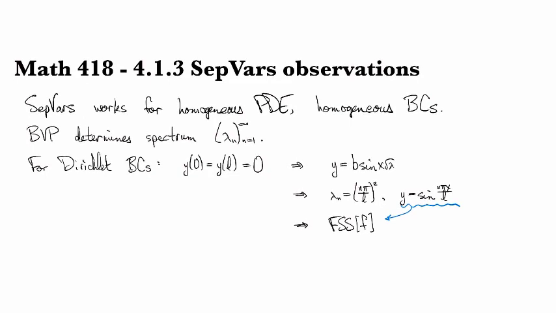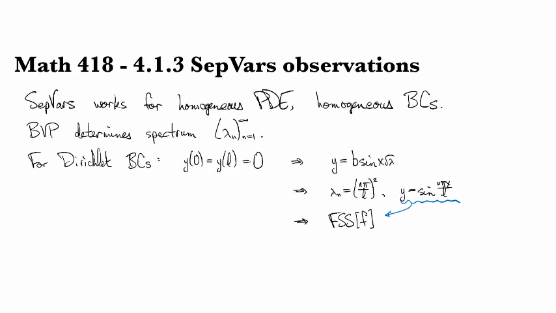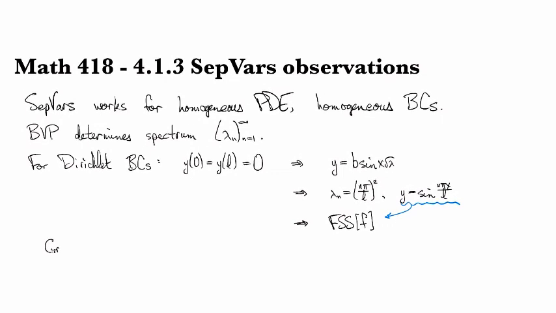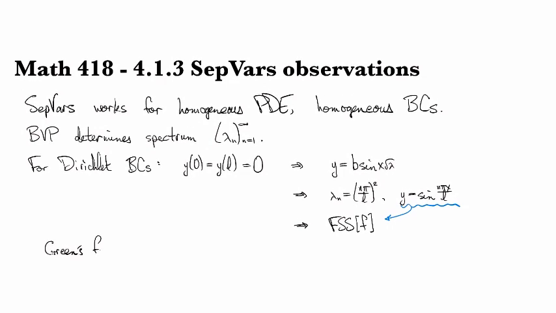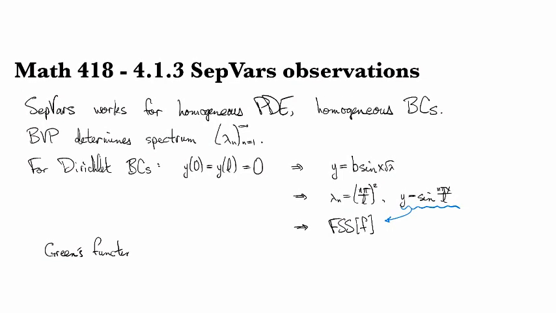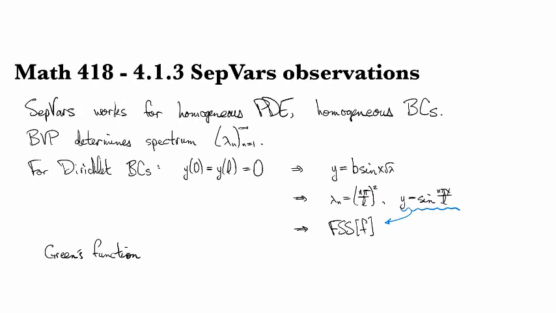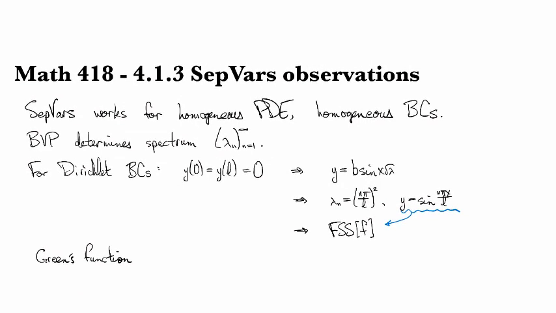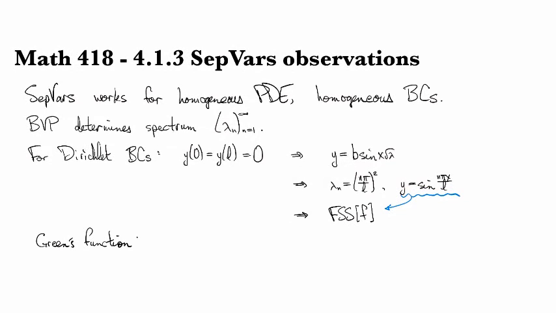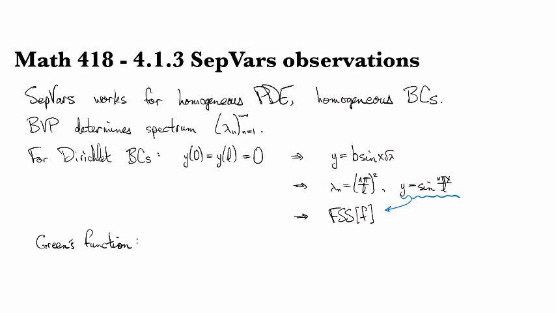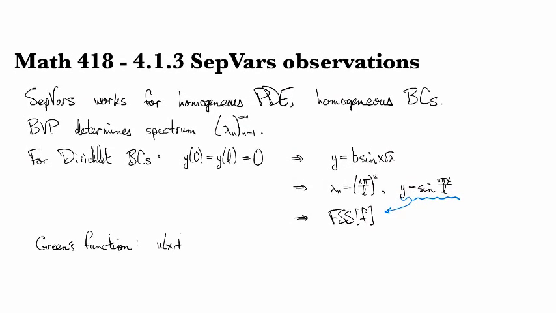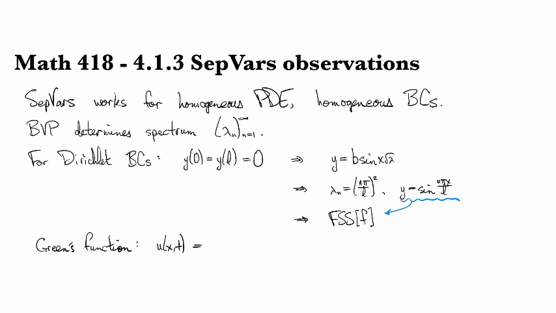There's another thing that's sort of nifty about this solution here, is that there's actually a Green's function lurking around. It's just not immediately visible the way we wrote it before, but we can rewrite this. So if we take u(x,t) to be, let's see, so what was it?